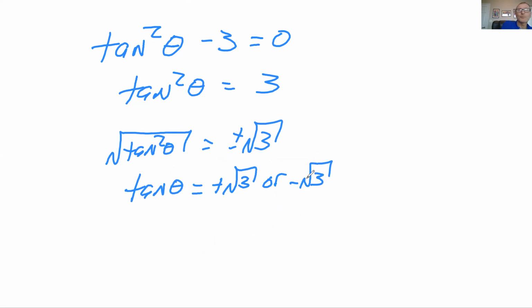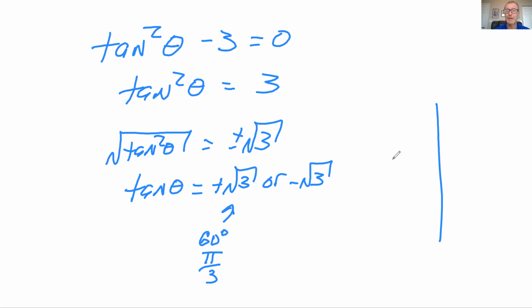And so we're going to get two solutions. If you looked on our sheet, plus the square root of 3 would be 60 degrees, and that would be pi over 3 in radians. So what would be minus the square root of 3?